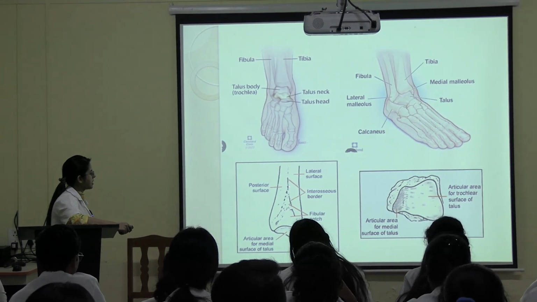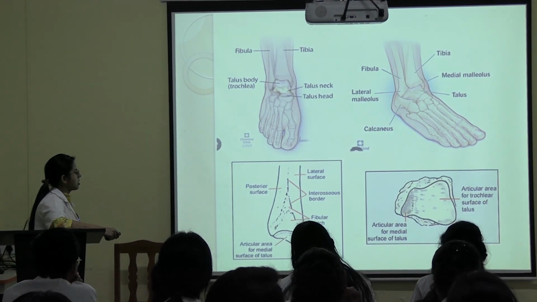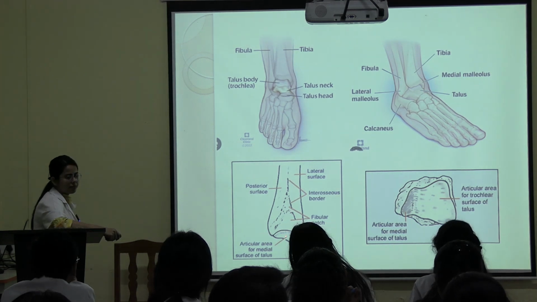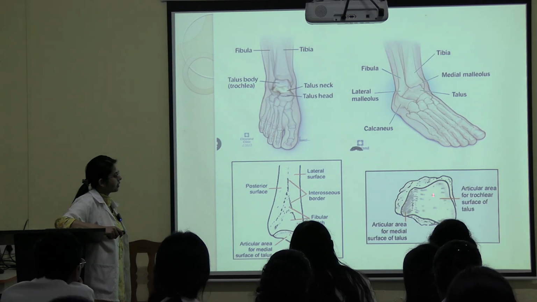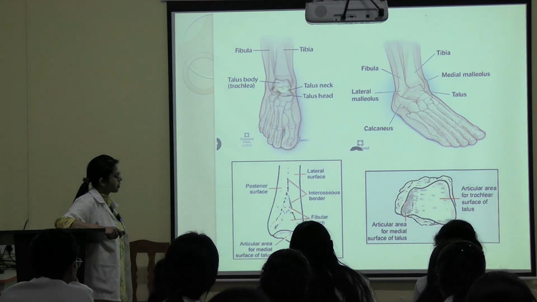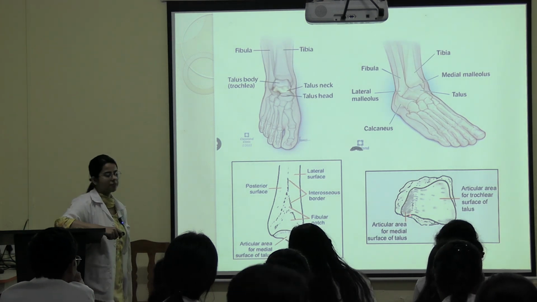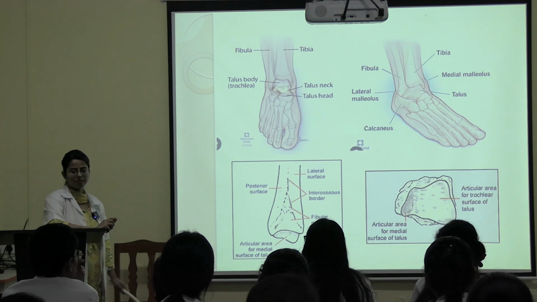In the margin of this triangular area, the interosseous tibiofibular membrane will be there. And this is the articular surface. It will articulate with the talus, and this is again the lateral surface of the medial malleolus, which will articulate with the medial side of the talus. Clear? Lower end clear?